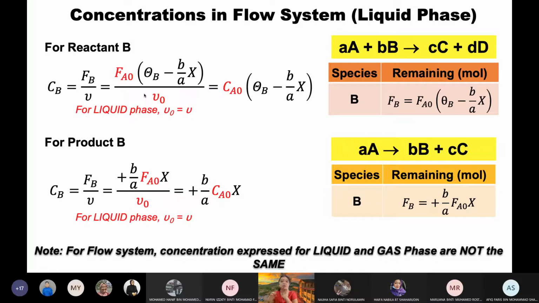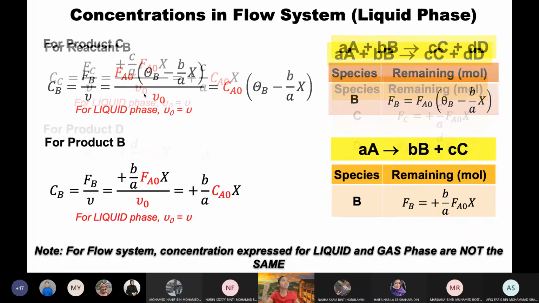So part ni yang kamu kena betul-betul ingat sebab liquid volumetric flow rate inlet equals to outlet. Sebab tu expression concentration tu akan sama dengan batch sebab dalam batch kita assume volume tu sama. Dalam liquid flow, volumetric flow rate tu sama, inlet dengan outlet. Sebab tu kamu akan dapat expression yang last tu sama sebenarnya dengan case batch.